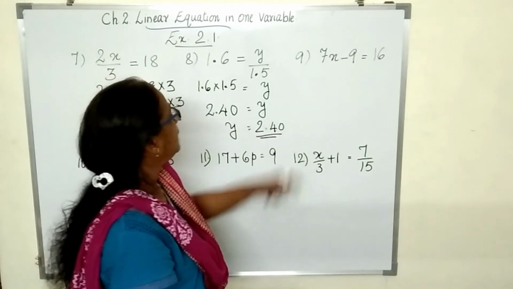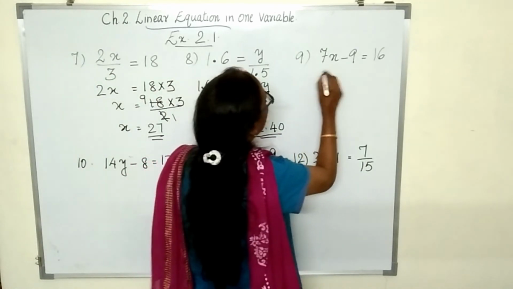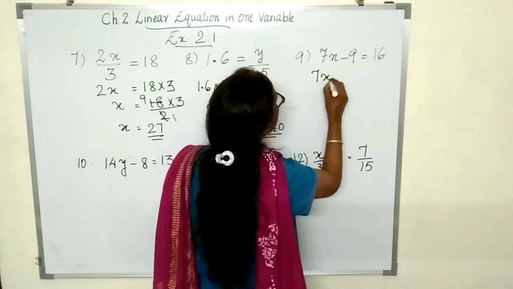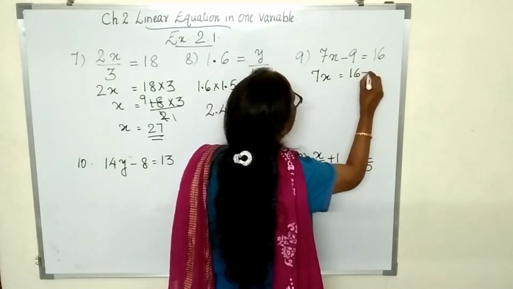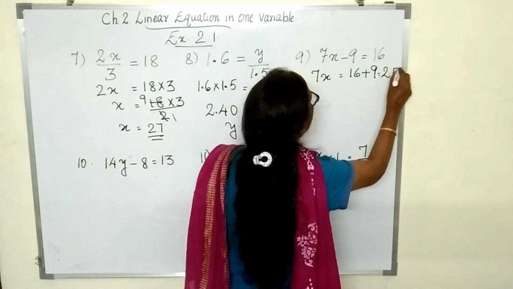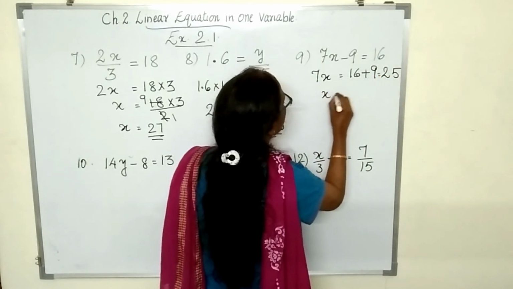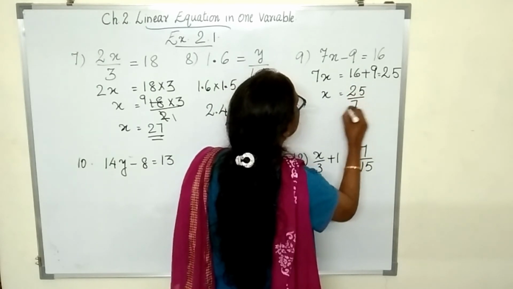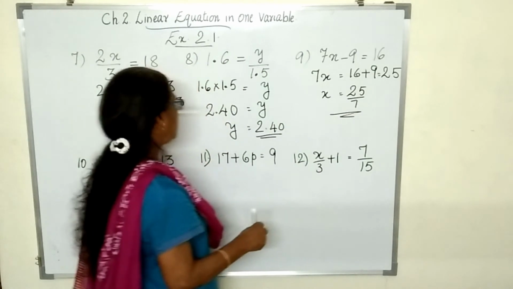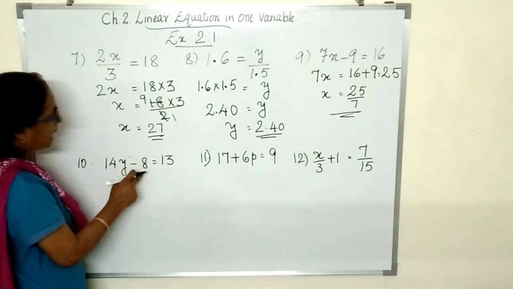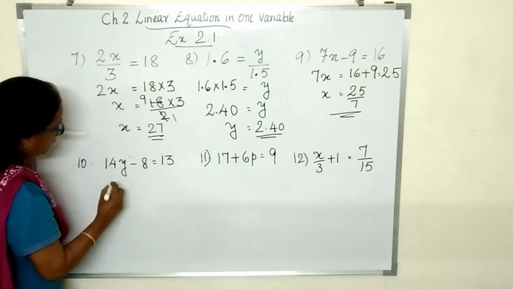The next question is 7x minus 9 is equal to 16. So 7x is equal to 16 plus 9, which is equal to 25. So x is equal to 25 upon 7. And here we have 14y minus 8 is equal to 13.